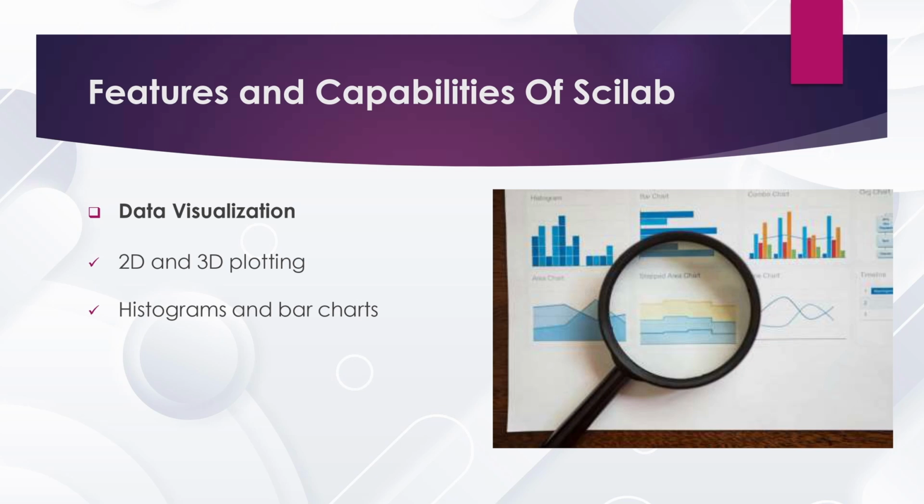Histograms and bar charts, which are useful for statistical analysis. Contour and density plots, which are ideal for representing mathematical functions and data distribution. And graphical user interface support, where users can build custom visualizations and interactive plots.